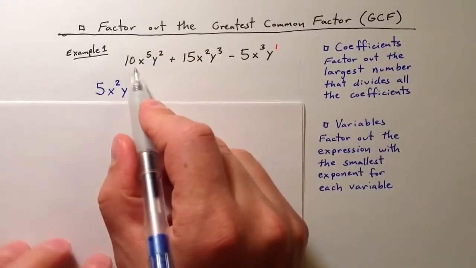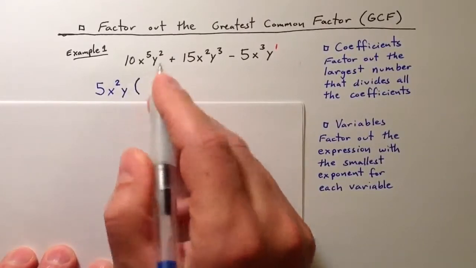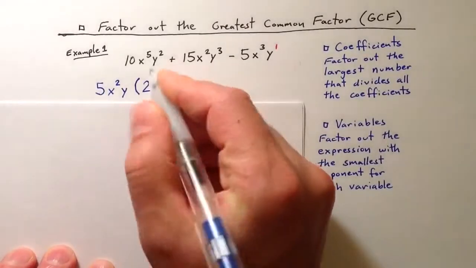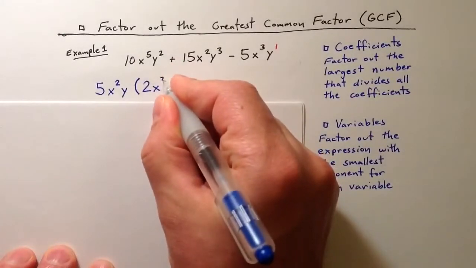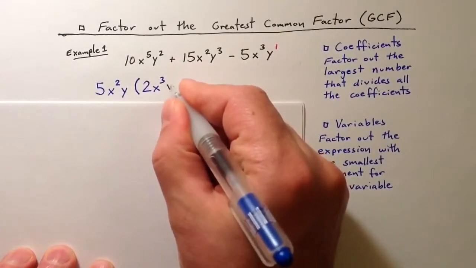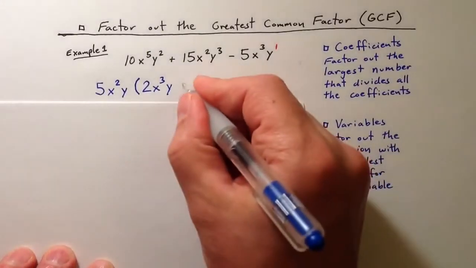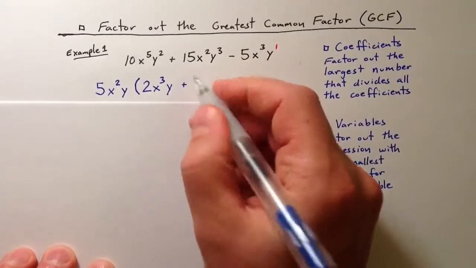So in the first example, if I factor out a 5, 10 is 5 times 2, so there's a 2 left behind. We factored out 2 of the x's. There were 5 x's altogether, so that means there are 3 left. We factored out 1 y, and so there's 1 y left. In the second term, dividing 15 by 5 gives me 3.